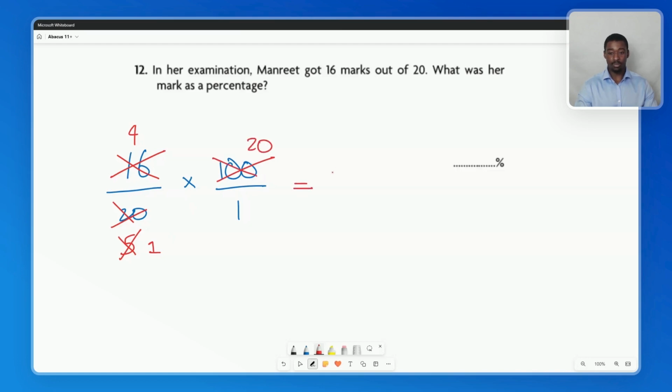So if we clean this up, now we have 4/1 times 20/1, which is very simple. Multiply across the numerators and across the denominators, and we have 80 over 1, or simply 80%. That's how we work this out.